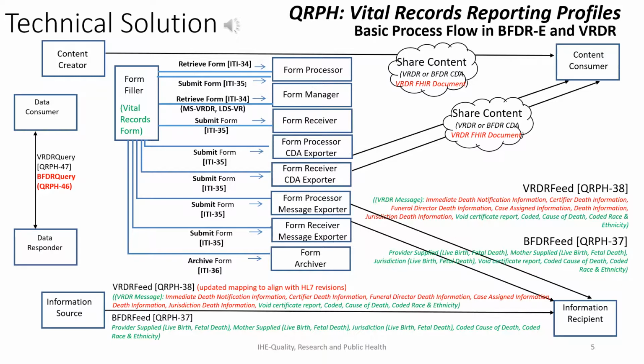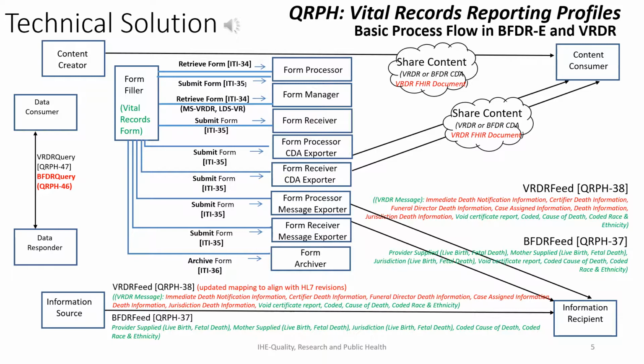At the bottom, we see the information source sending an HL7 v2.6 message to the information recipient. This content has been updated to align with the latest version of the corresponding HL7 v2.6 VRDR IG, and it includes content supporting immediate death notification along with death information from the certifier and the funeral director.